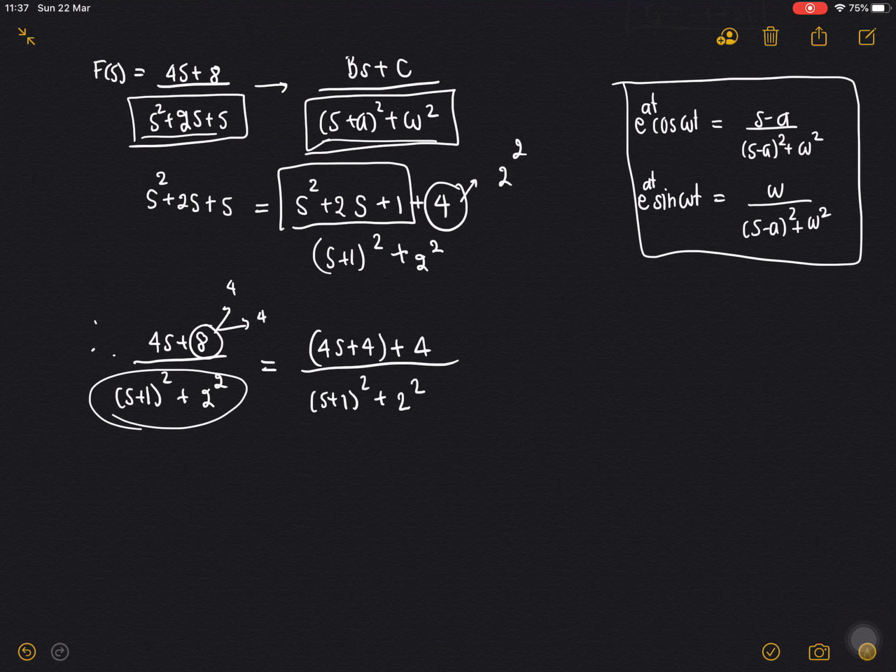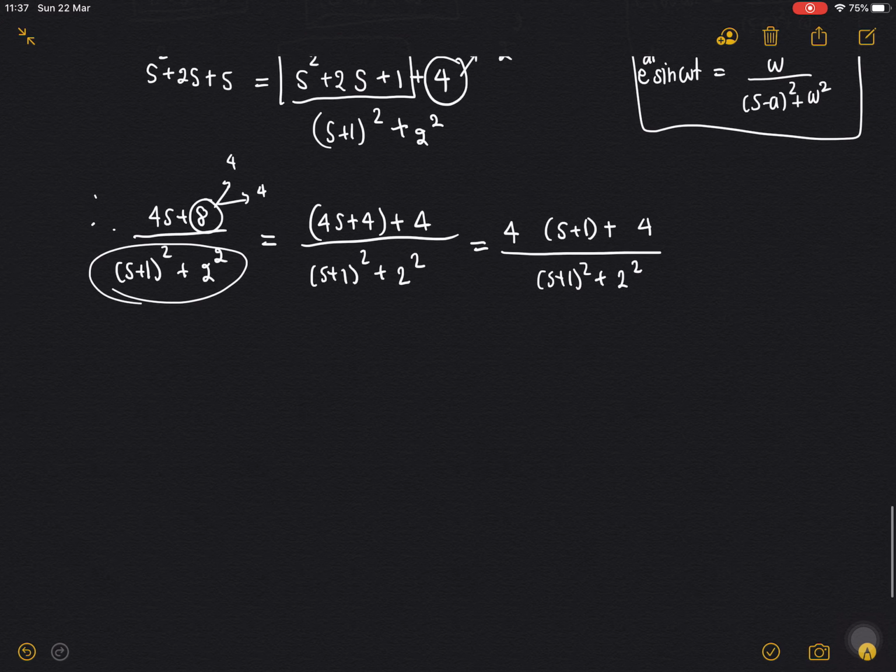All right, and then we will try to factor out the value of 4 here. Okay, so you will have 4 times s plus 1, and that becomes the addition of the 4, and the whole of that divided by s plus 1 squared plus the value of 2 squared.